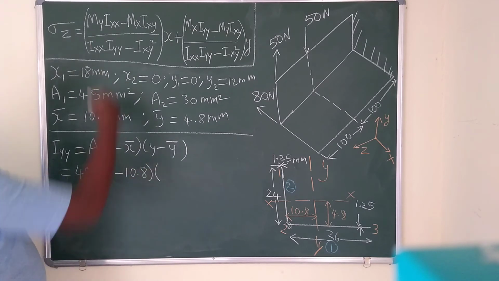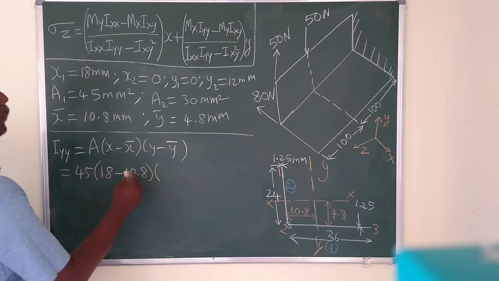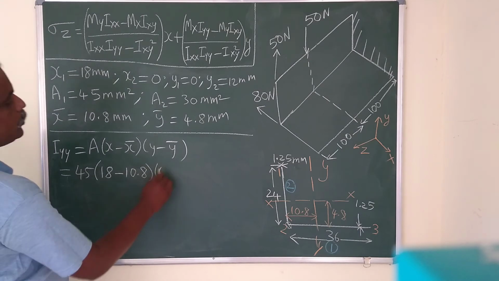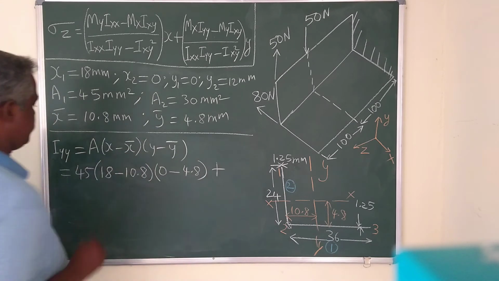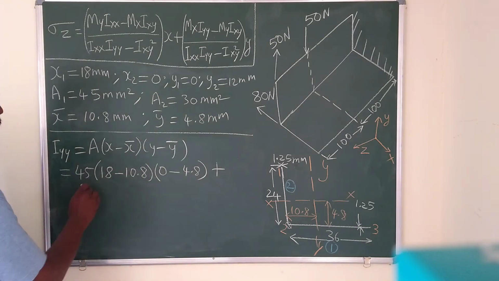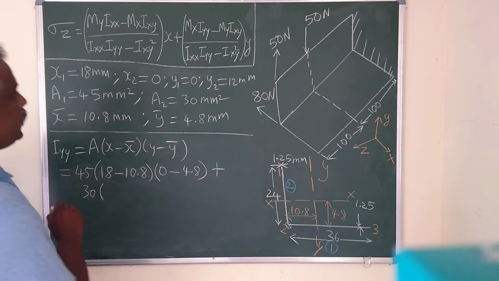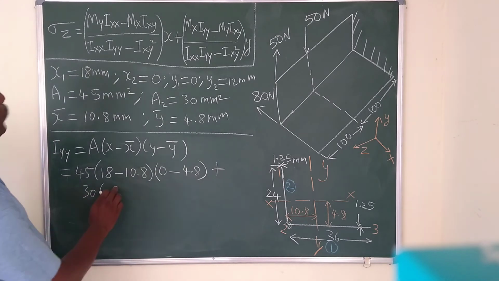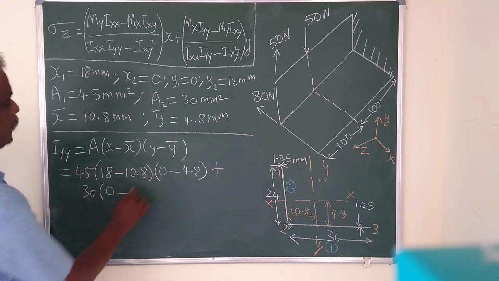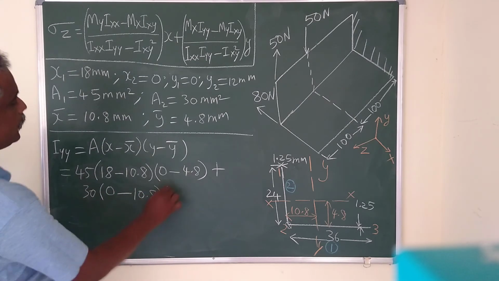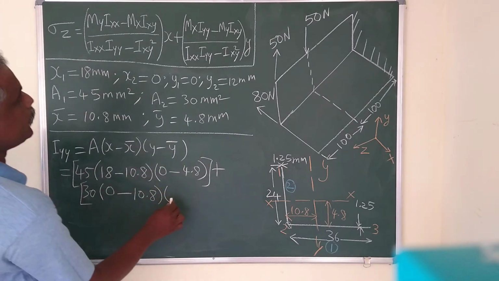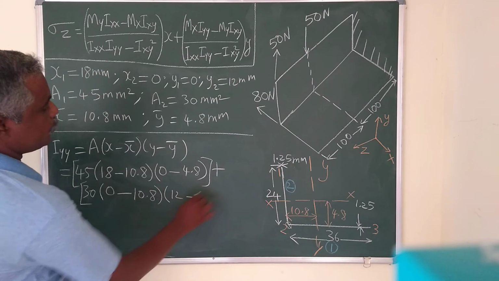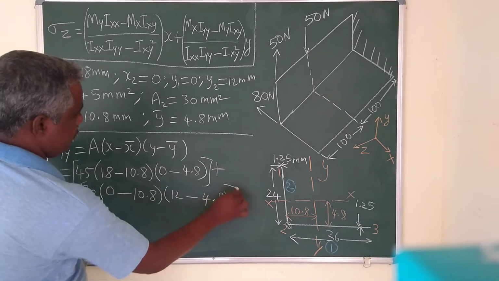All the values are available here. y1 minus y bar, y1 is 0 minus y bar is 4.8, plus A2, section 2, A2 is 30 into x2 minus x bar, x2 is 0 minus x bar is 10.8, then y2 minus y bar, y2 is 12 minus y bar is 4.8.